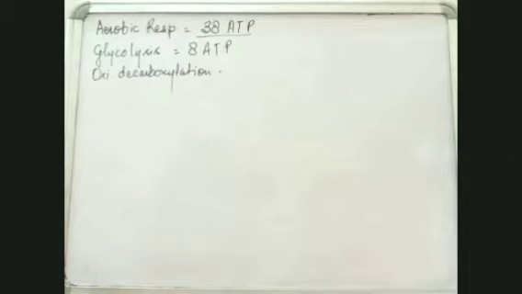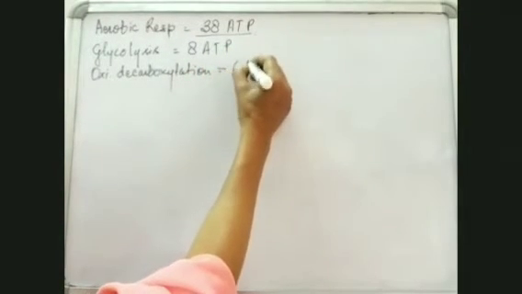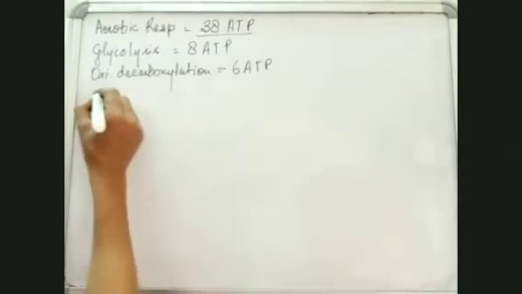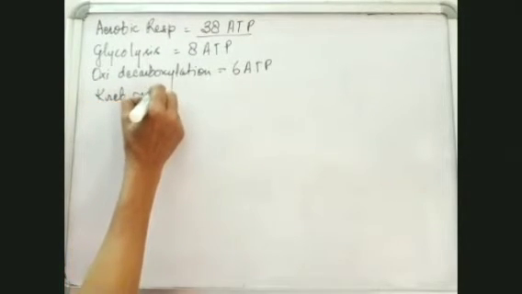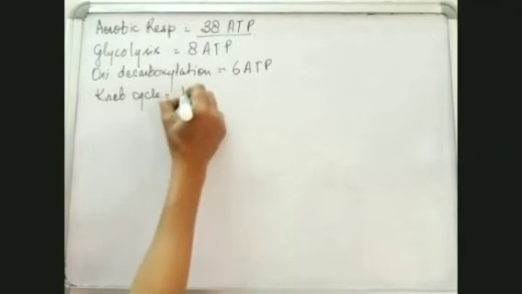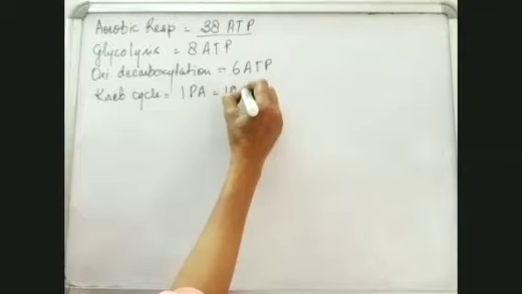Anybody remembers how many ATPs were produced as a result of oxidative decarboxylation, children? Yes, in oxidative decarboxylation, 2 NADH2 are produced, so 6 ATPs are produced here. And the third one is the Krebs cycle. In the Krebs cycle, 1 pyruvic acid yields you 12 ATP.